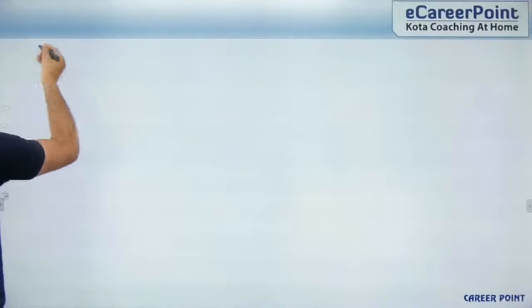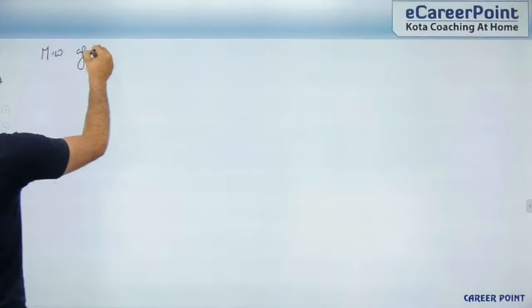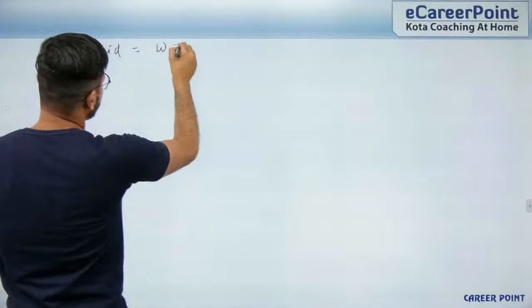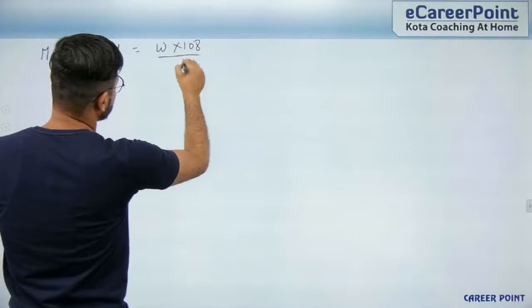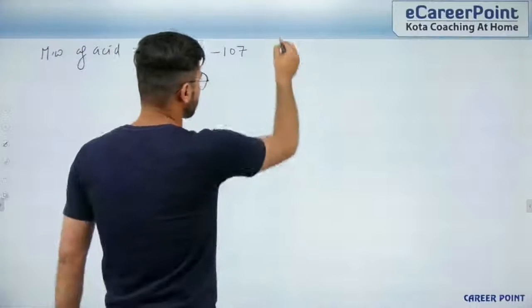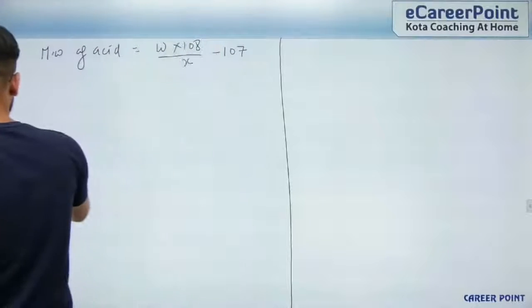So I can write that the molecular weight or mass of the acid will be W into 108 upon X minus 107. This will be the exact answer.